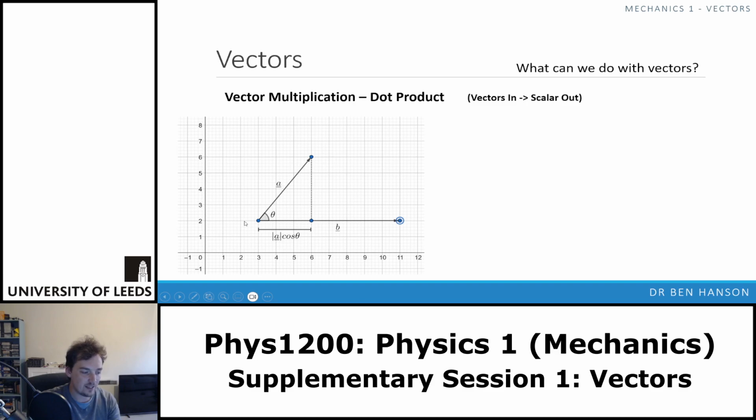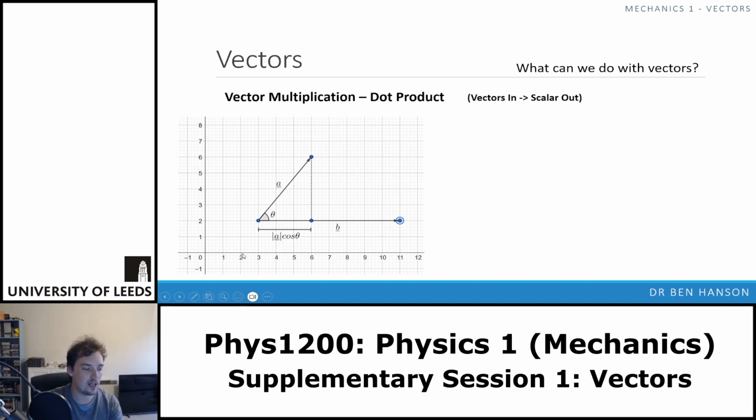And so we've seen then that the amount of that vector in the direction of B is the length of A multiplied by the cos of the angle between those vectors. So mod A cos theta.